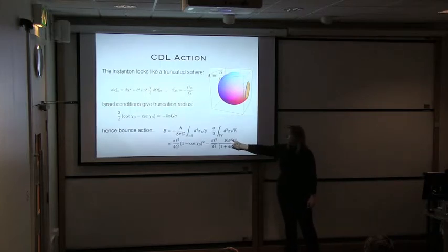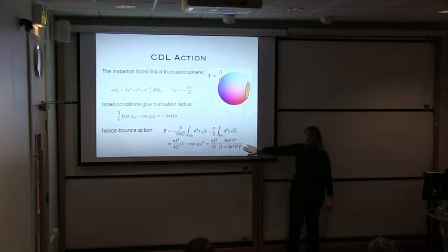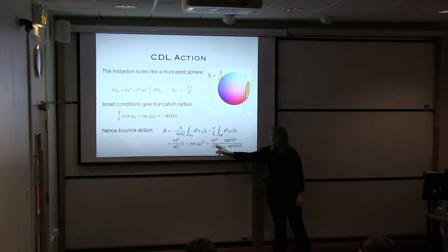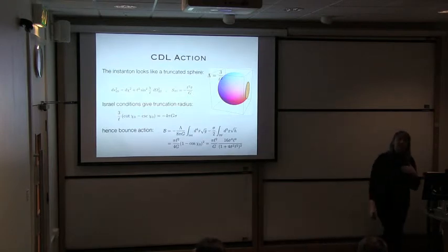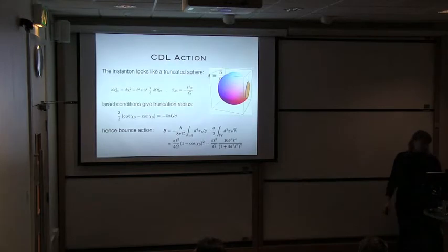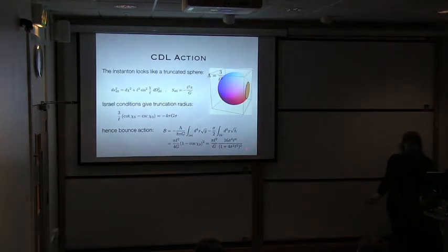This sigma is the tension of the wall, but it's got a 2 pi G in it, so there's a Newton's constant hidden away in here. This is what I meant by the denominator being altered a little. And then, of course, you should expect to see a G proudly displaying itself in there, because this is, after all, a gravitational action. So that's the Coleman and Delizia action that they found.